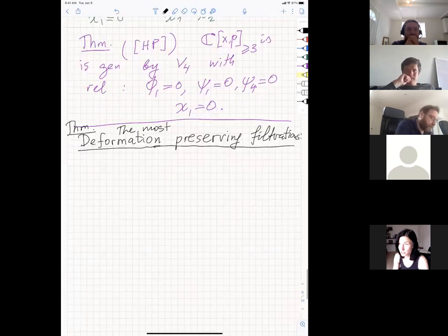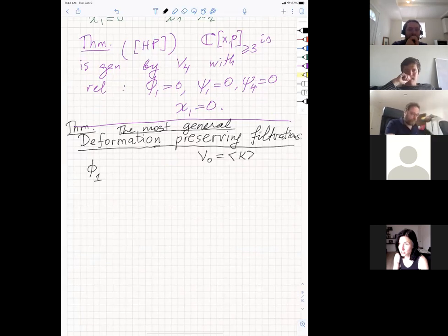So I look at equivariant deformations under SL2, which preserve filtrations. And so what you will get, first of all, we have this V0, a one-dimensional space spanned by a central element, which is called K.